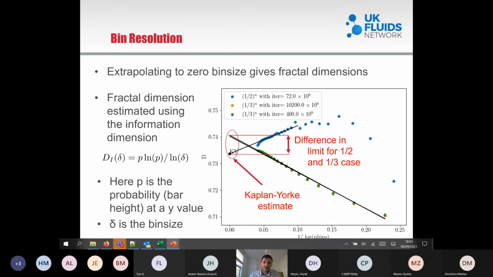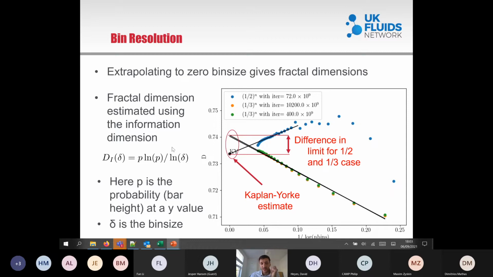So essentially, if you bin in powers of 2 or powers of 3, and you extrapolate to the limiting case where your bin size essentially becomes 0, that is, you use an infinite number of bins, you actually end up with a different fractal dimension prediction.